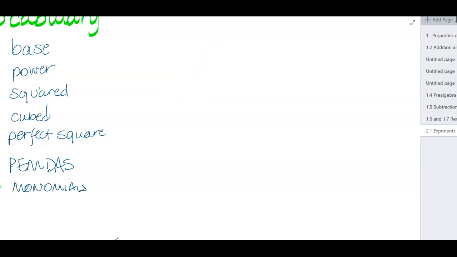Another thing. Suppose that you had a coefficient in front of an exponent. Let's say you had 2 times 3 squared. PEMDAS comes into play again. You have to do the 3 squared before you multiply by 2. This is the same as 2 times 9, which is 18.